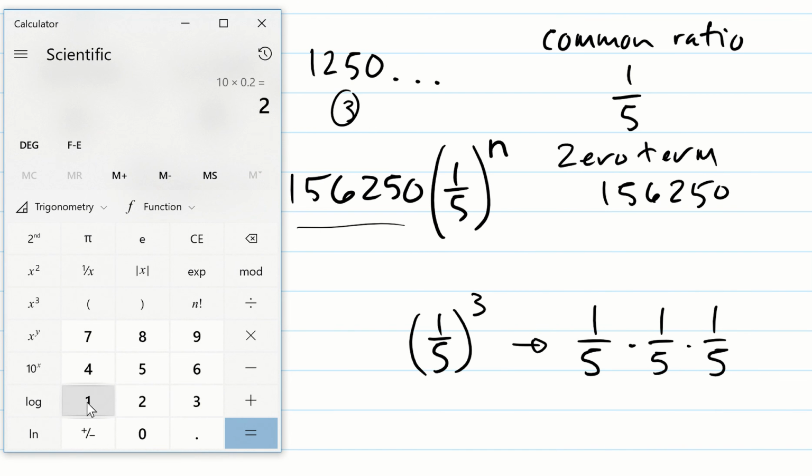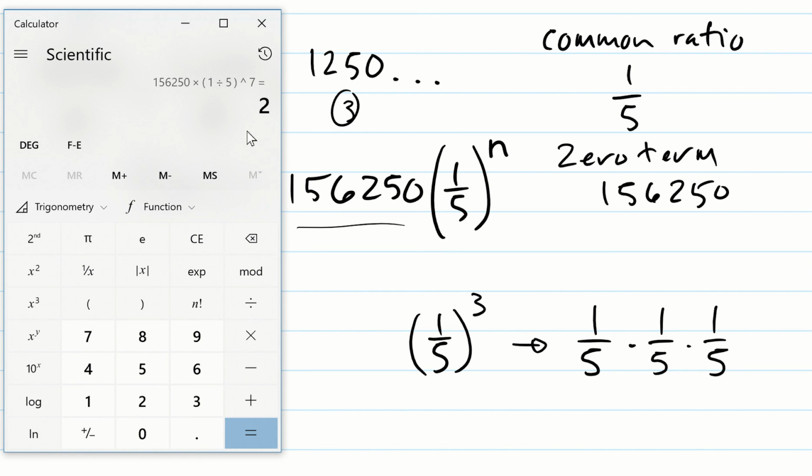Let's try that. I'm going to try 156,250 times, open parentheses, 1 divided by 5. So there's my fifth. And I'm going to raise it to a specific power, the 7th power. And when I raise it to the 7th power, there it is.